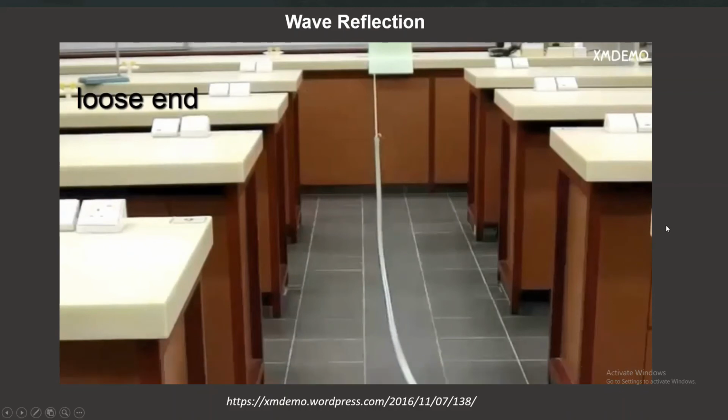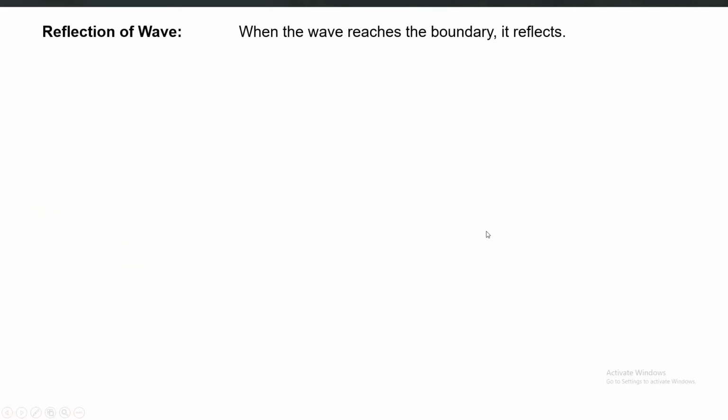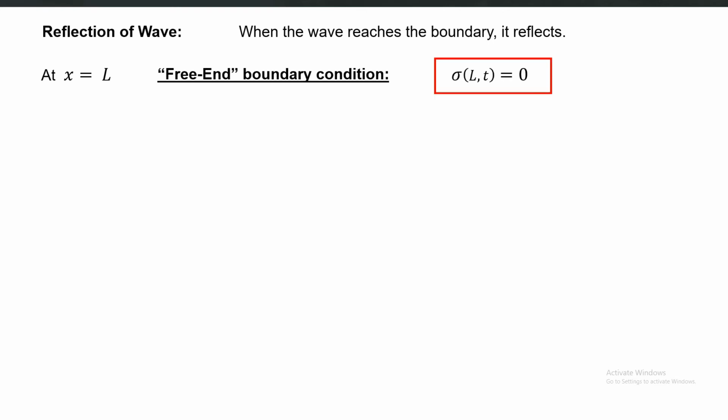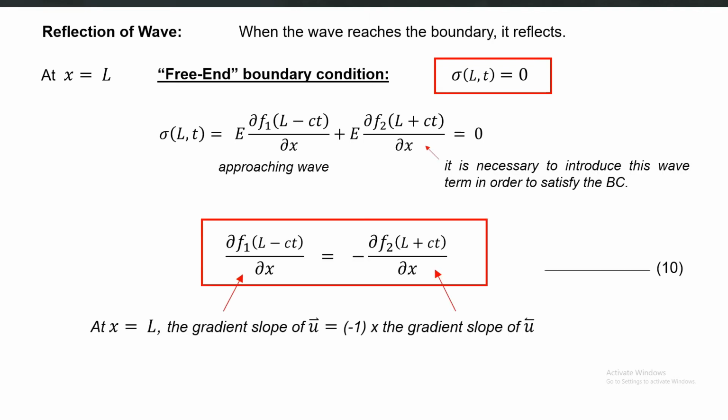Now let's discuss the reflection of waves, that when the wave reaches the other boundary, it reflects back. The other boundary can have two conditions. The real condition obviously will be somewhere in between them, but we will only consider the two extreme cases. One is the free end boundary condition at x equal to L, and the second case can be the fixed end.